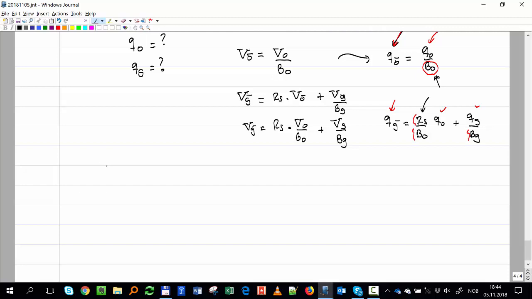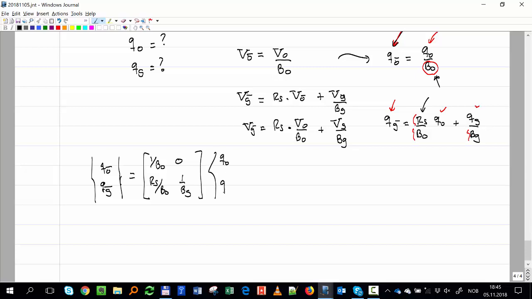I can write this in matrix form. QO, QG is a vector that depends on a matrix. This matrix is 1 over BO, 0, and here I have RS over BO and 1 over BG, times QO and QG.